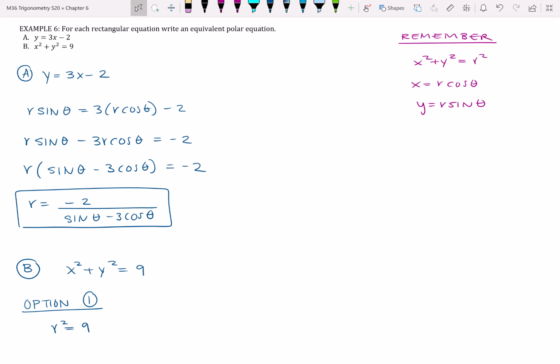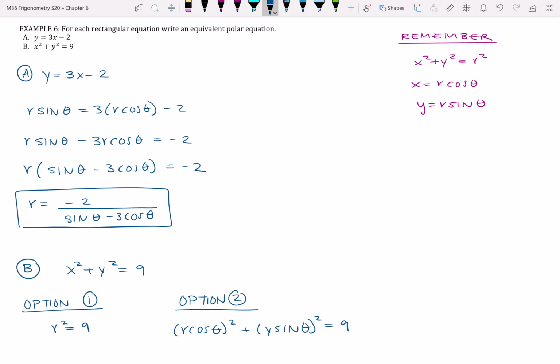Another thing that you could do, option 2, is this: we know that x is equal to r cosine of theta, so we could do r cosine of theta squared plus r sine of theta squared is equal to 9.